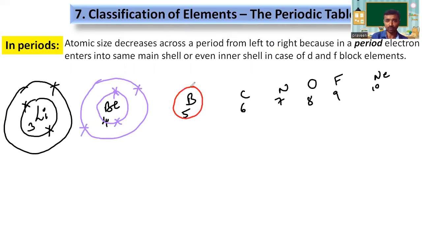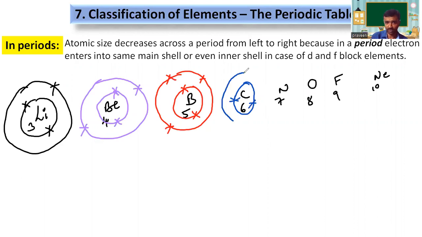Next, boron: 2 shells are enough, 2 in the K shell and 3 in the L shell. Then carbon: 2 into the K shell, 4 into the L shell. Next, nitrogen: 2 into the K shell, 5 into the L shell.